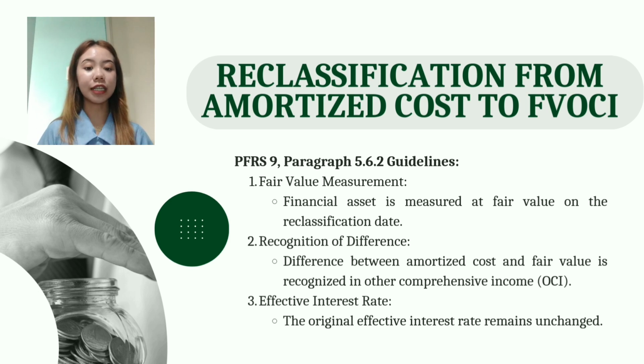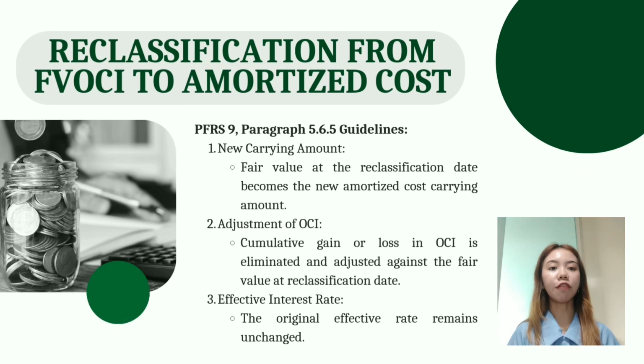We go now to the reclassification from FVOCI to amortized cost. PFRS 9, paragraph 565 provides the following if a financial asset is reclassified from FVOCI to amortized cost. So first, the fair value at the reclassification date becomes the new amortized cost carrying amount. Second, the cumulative gain or loss previously recognized in other comprehensive income is eliminated and adjusted against the fair value at the reclassification date.